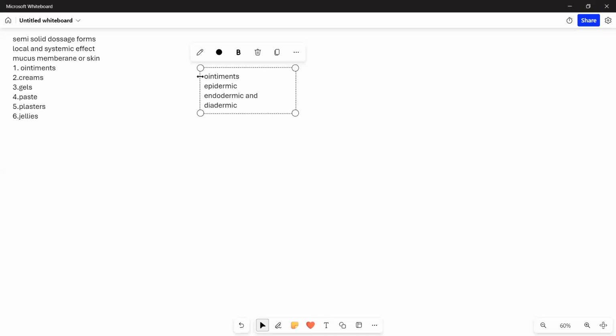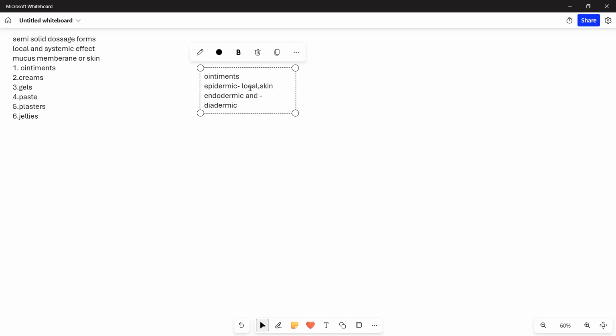What do you mean by epidermic ointments? Do they show a local effect or a systemic effect? The epidermis is the top layer of the skin. So these are only for local purposes on the skin. Great, guys.